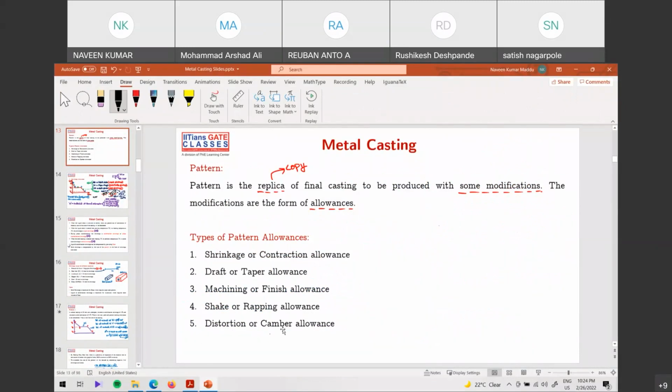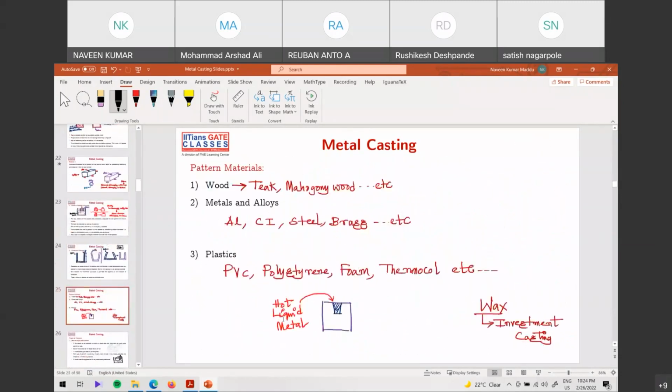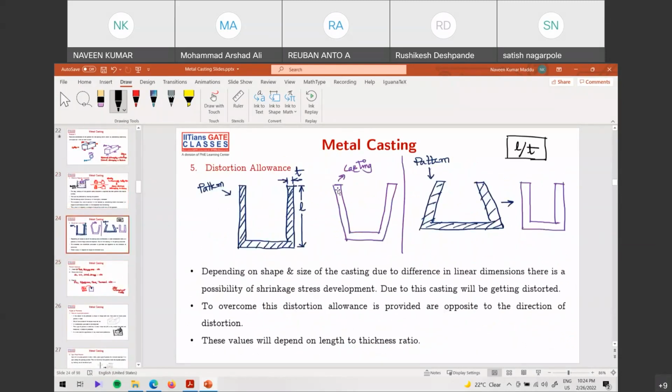Draft or taper. So what the question is saying is that warping means the possibility of change in the shape, or bending. So this kind of bending is happening, and that is what the question is.